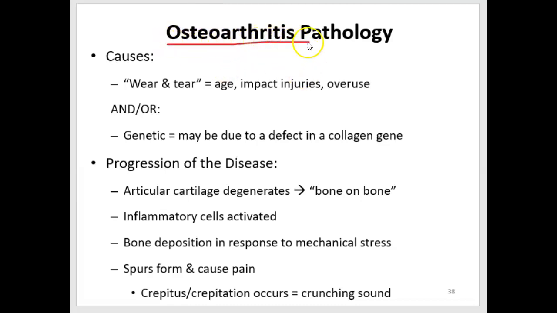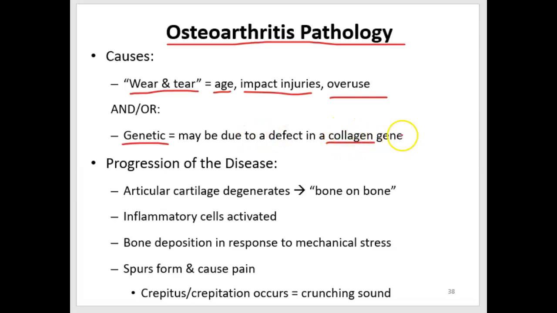A little bit about osteoarthritis first. We usually do call it the wear and tear kind of arthritis. So age and impact injuries and overuse all contribute to osteoarthritis. But there could be a genetic defect because one of the components of bone as well as cartilage is collagen.